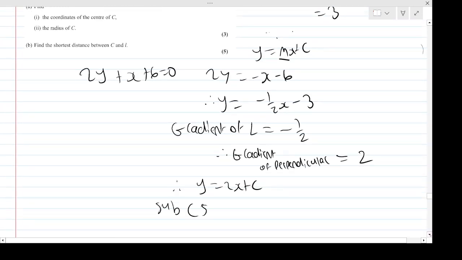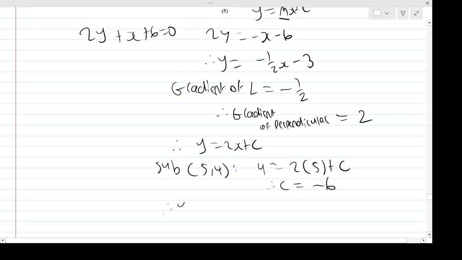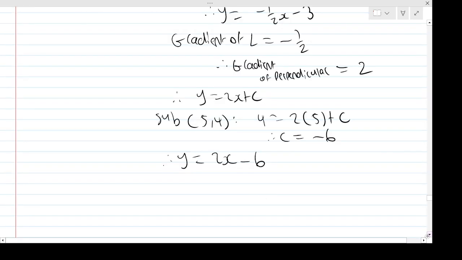So if I substitute 5, 4 in, 4 is 2 lots of 5 plus c. Therefore c is 4 take away 10, being minus 6. There we are, so now we've got our equation. That means y is 2x minus 6.